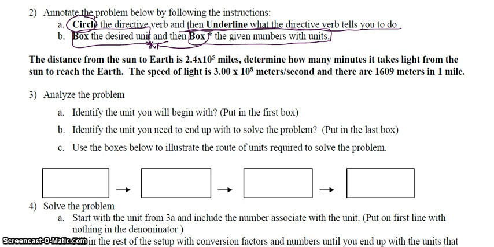Now, over the years, I've kind of changed my mind on the way that we do this. I like boxing and starring the desired unit because then there's one star that we're looking for. That's the emphasis that we're trying to find. Any other data we can just box. So please follow along and mark what you see in the bold text.